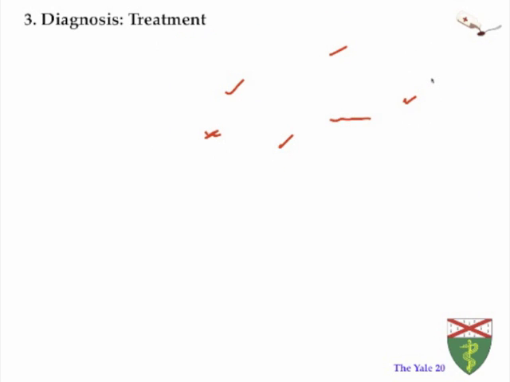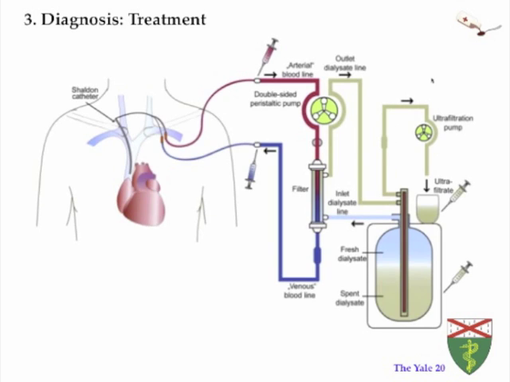Although hemodialysis will be described in more depth in the chronic kidney disease video lecture, it's worth briefly mentioning the types of hemodialysis acutely. Generally speaking, hemodialysis uses a gradient between the patient's blood and the dialysate to remove chemicals and volume.